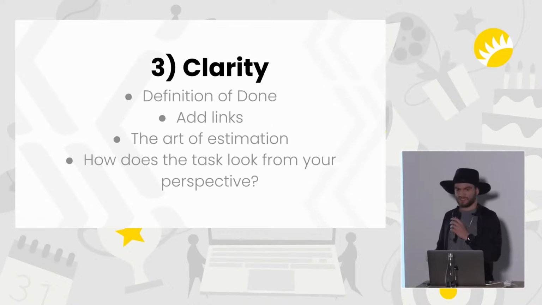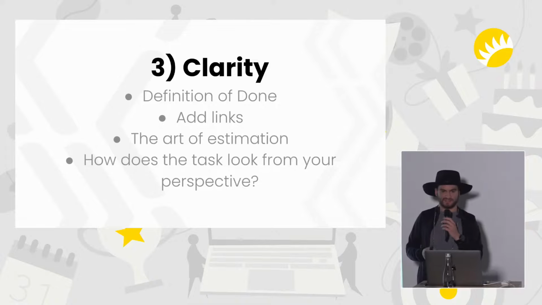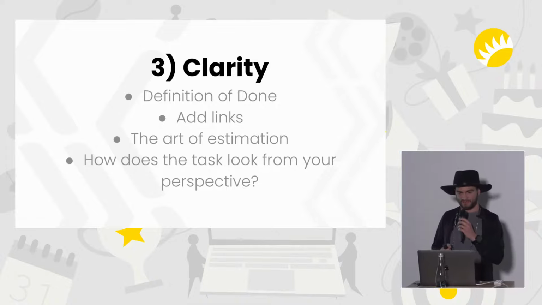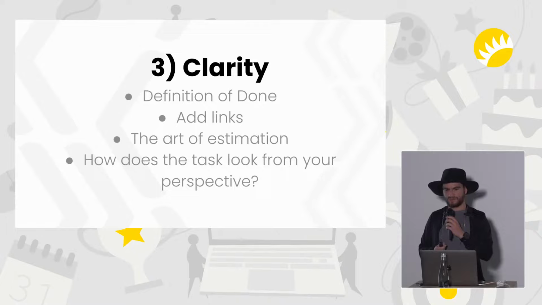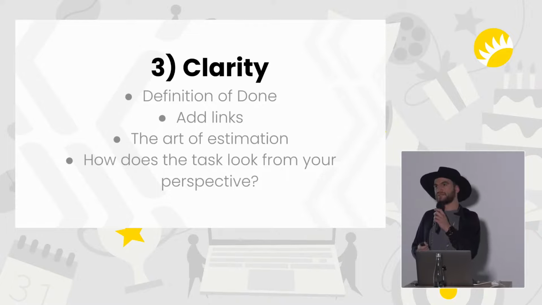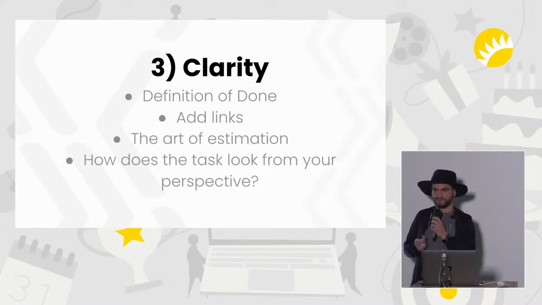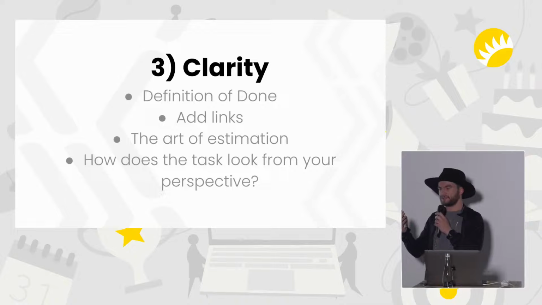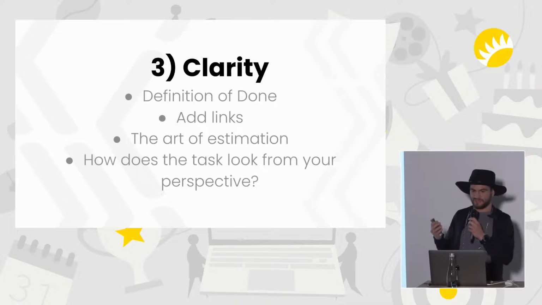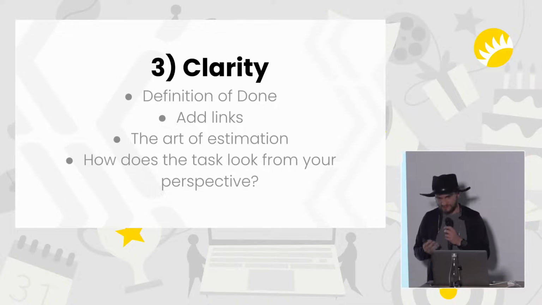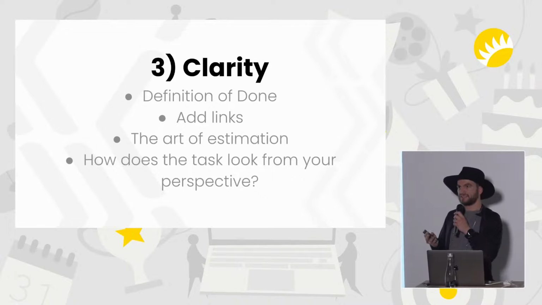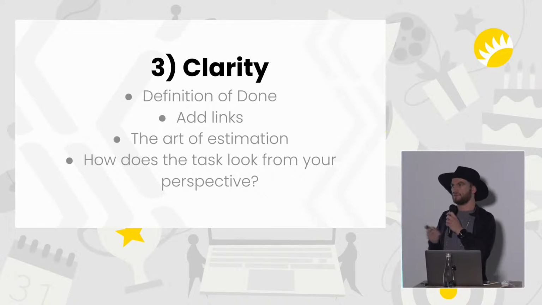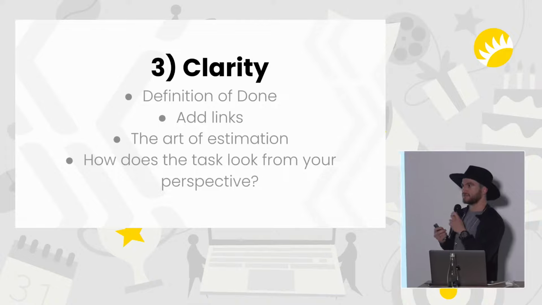Clarity, definition of done, adding links, the art of estimating things, and how the task looks from other perspectives. This is something we can always see: senior developers, people who learn more, who exercise, who iterate on their skill, they do it better. They know how to demand the definition of done. If you get a task, do you ask for the definition of done?